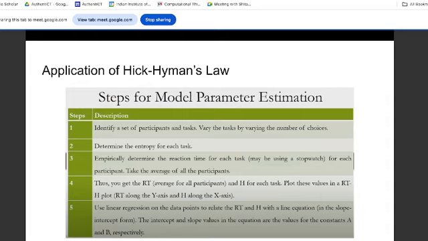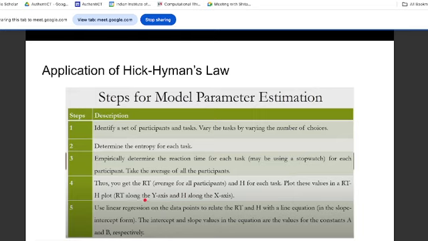You will get a list of the average of all the participants performing the same task, their reaction time to perform the task, from the task with least entropy to the task with highest entropy. Then you get an RT, that is the reaction time average for all the participants, and H for each task. Plot these values in an RT and H plot.